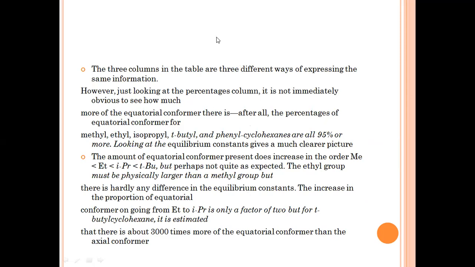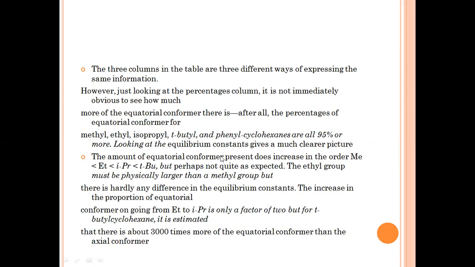Just looking at the percentage column, it is not immediately obvious which has more equatorial conformer, since the percentages for methyl, ethyl, isopropyl, tertiary butyl, and phenyl molecules are quite similar.